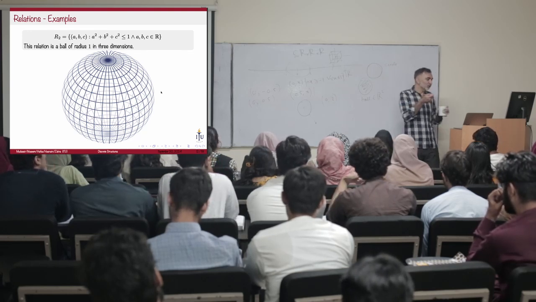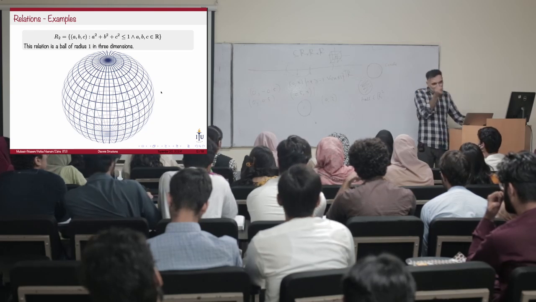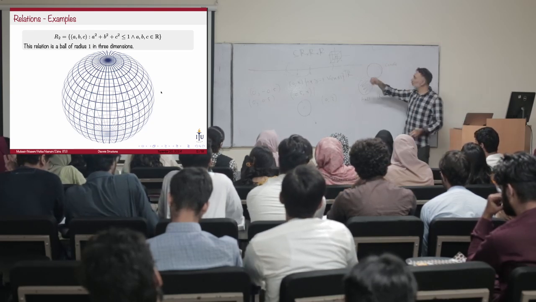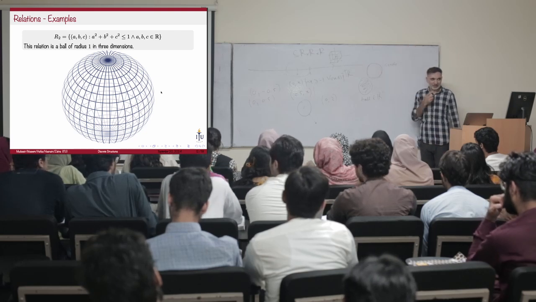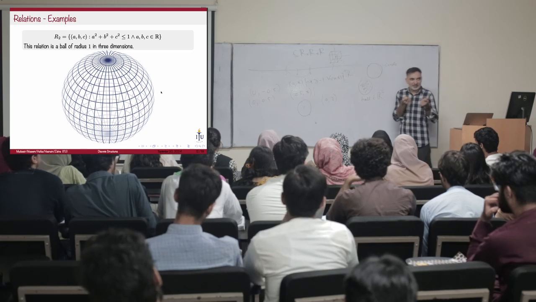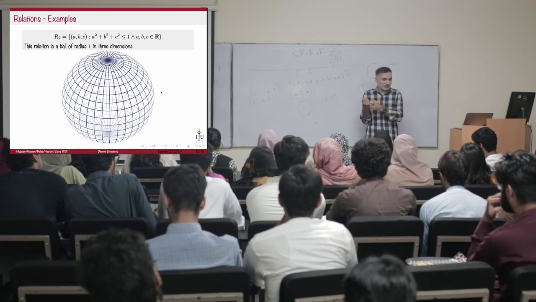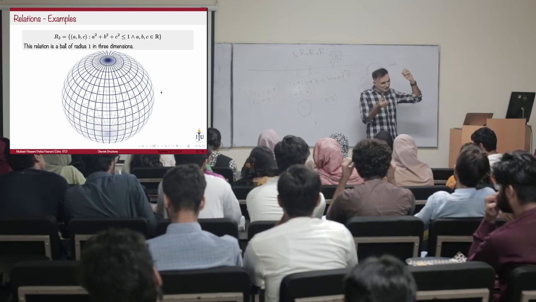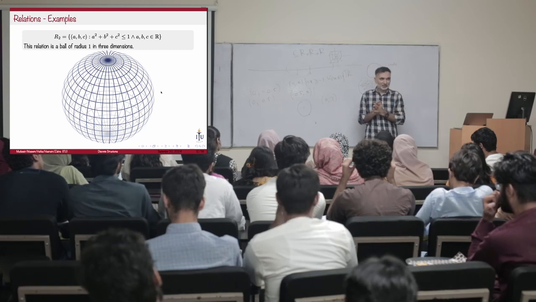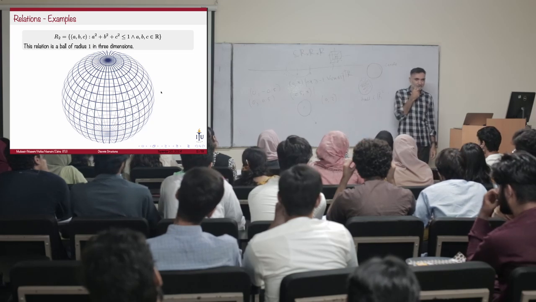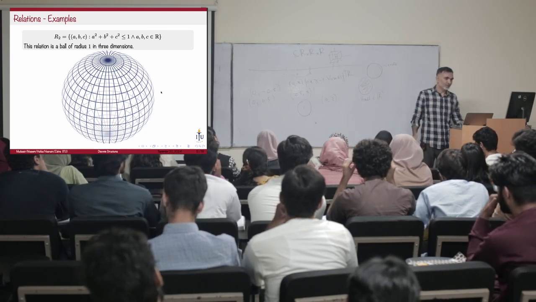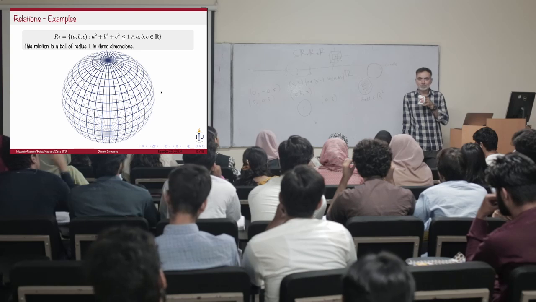Because you can pick A to be really large and B to be very small, right? In that case you would have a point as far from 0 as you want. If you say my condition is A minus B minus C should be 0, I can pick A to be very large and B to be very small, and I would get a point that's very far away. That won't lie in this thing.